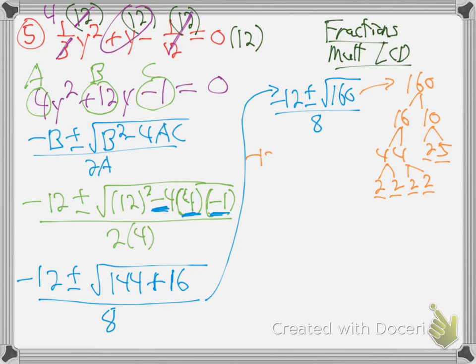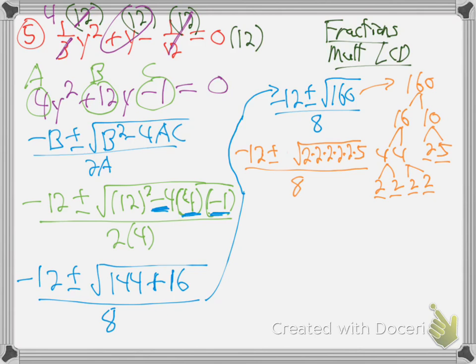So it becomes minus 12 plus or minus the square root of 5 2s. Wait, better leave a little more room there. 1, 2, 3, 4, 5 2s, and a 5 all over 8.